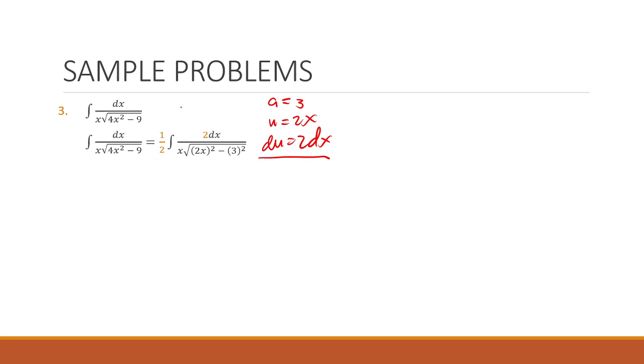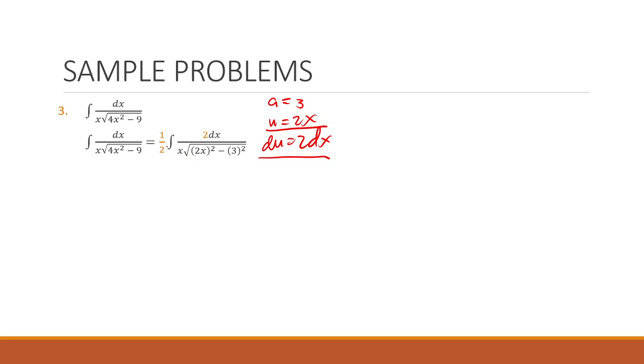And then, another condition, so as to apply arcsecant, is to have an expression outside the radical that is equivalent to u, which should be 2x. And we only have x initially, di ba?